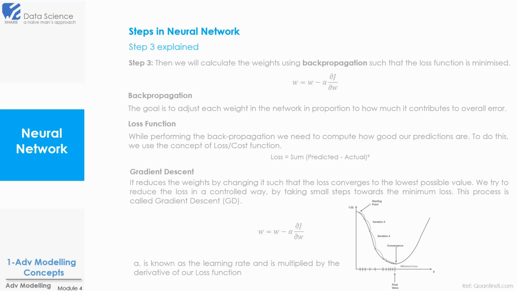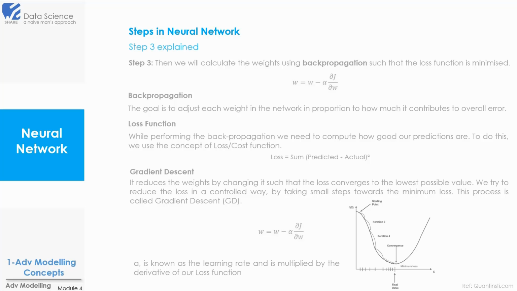The equation shown here on the screen is for the loss function, and the graph given here shows the loss function being converged to the minima in a stepwise fashion, which is called gradient descent. Here alpha is known as the learning rate and it is multiplied by the derivative of our loss function.